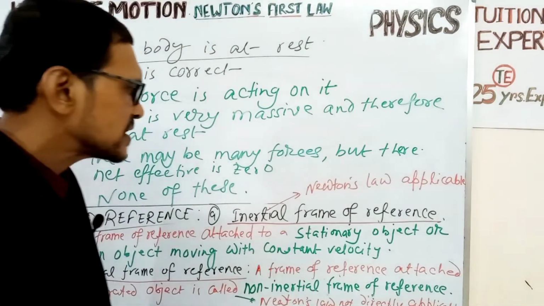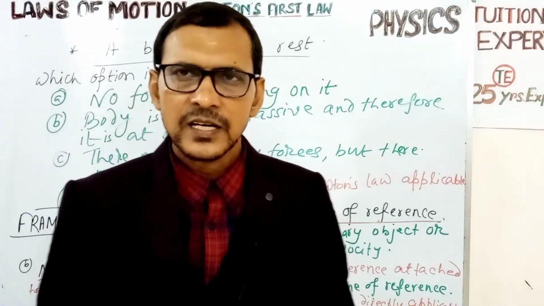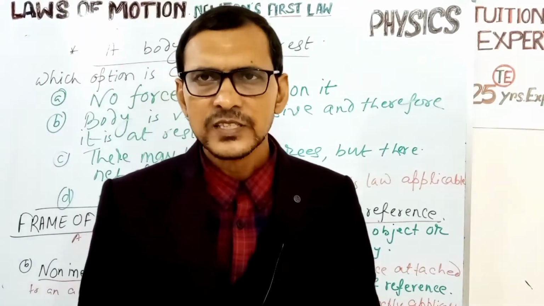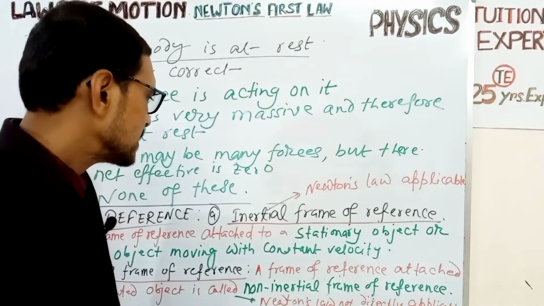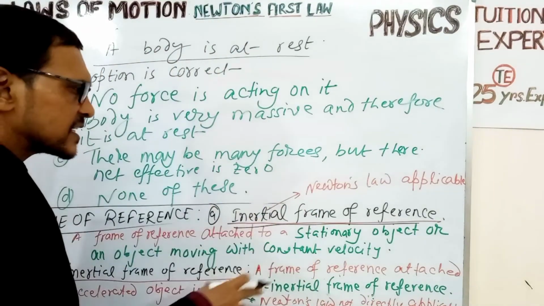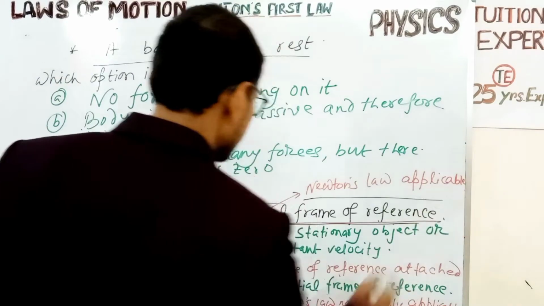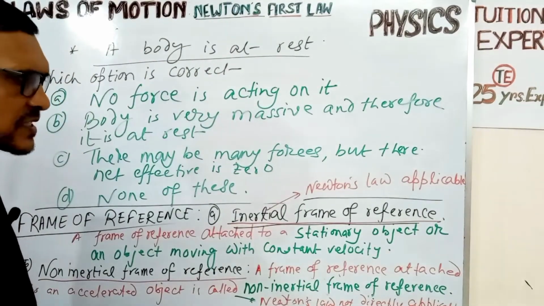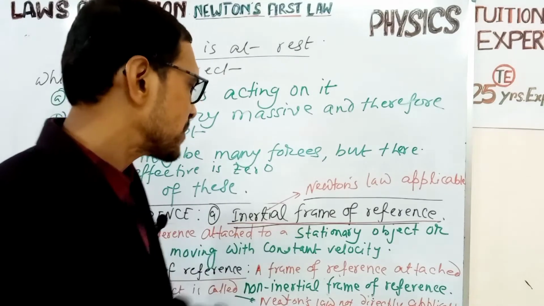An inertial frame of reference has no acceleration; it is either at rest or moving with uniform velocity. It is also called a non-accelerated frame of reference. Newton's laws, all three laws, are applicable only in an inertial frame of reference.